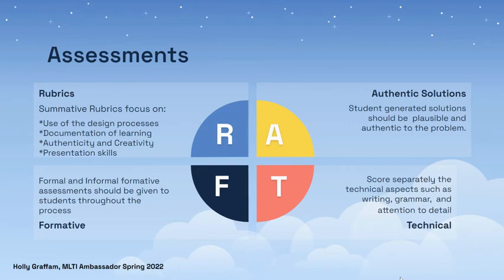And so I think it's definitely appropriate to look at those, but that should kind of be separated from whether or not the student used the design, the problem solving process correctly, and the authenticity and the creativity of their design and their product.